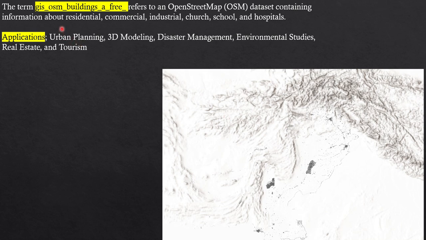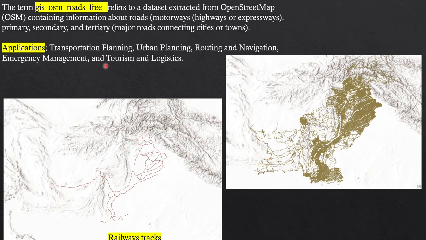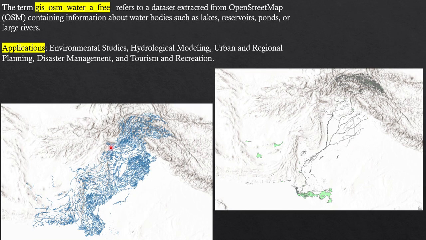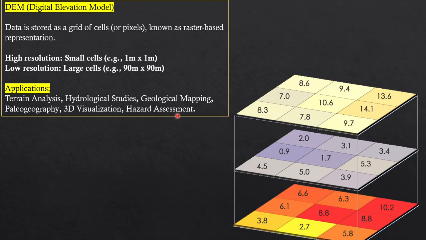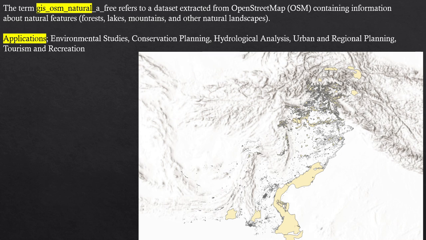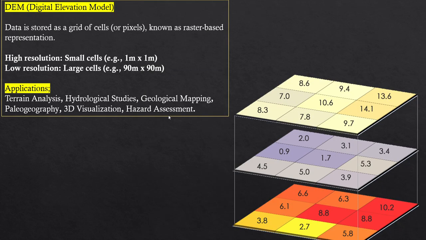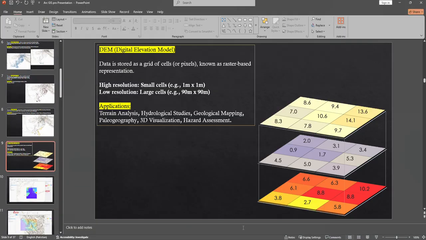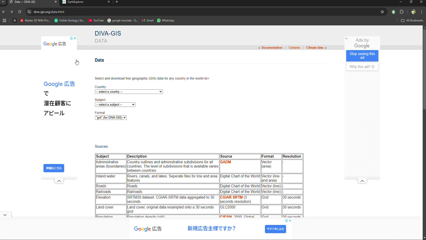So these are the different GIS data, for example of a country, like buildings, roads, infrastructure, railway tracks, river management, the distribution of the channels, and POFW, places of worship, important applications. So these are the different data which can be available to you when you go to Google and search for DIVA-GIS.